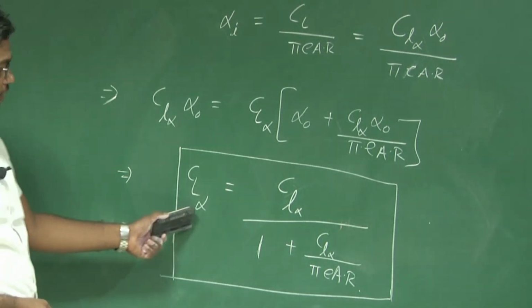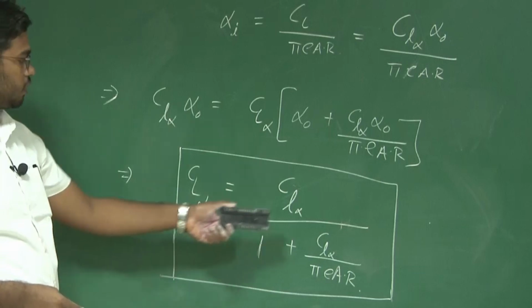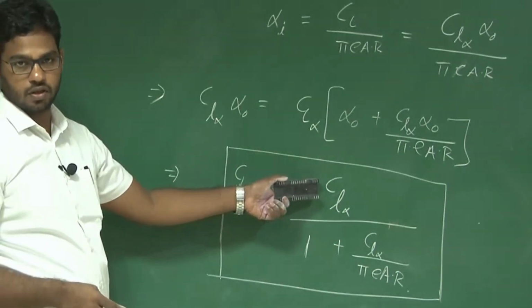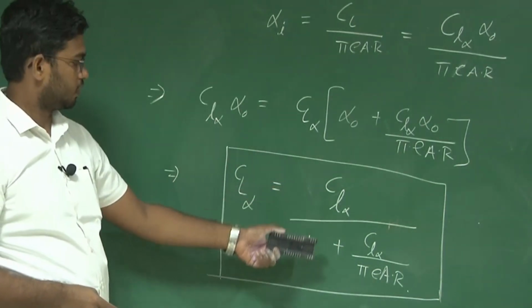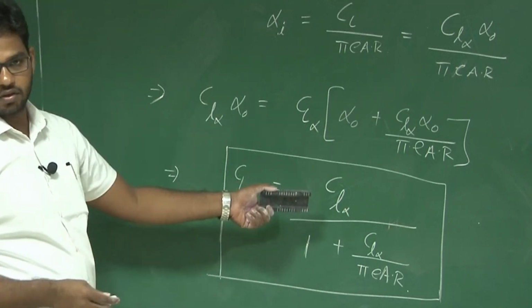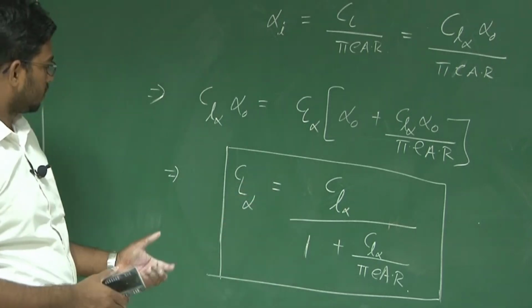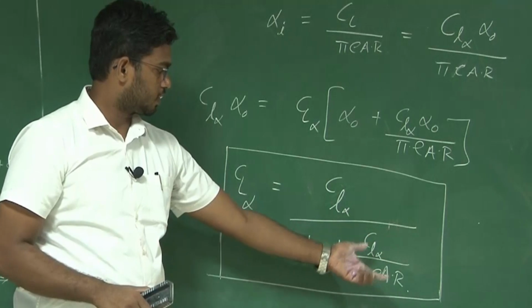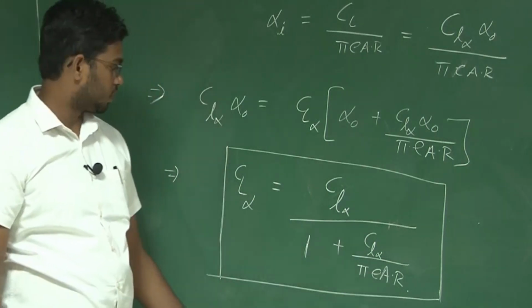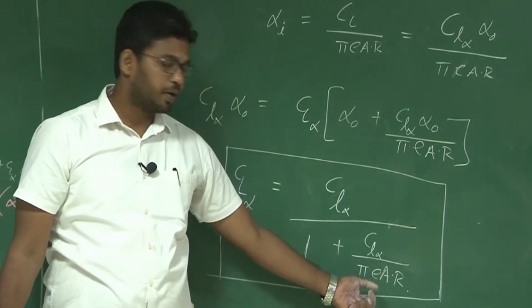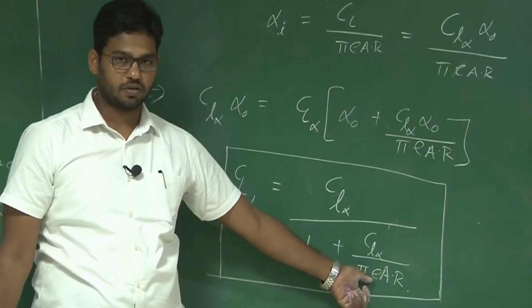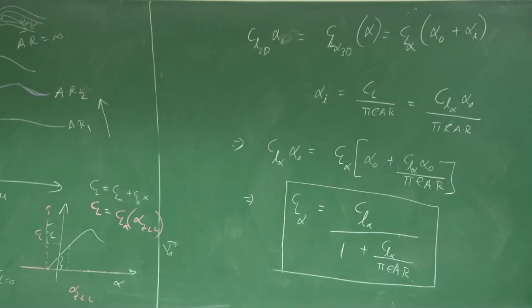So the 3D wing CL alpha, which is made out of the aerofoils with CL alpha 2D, is related by this equation. If I have an elliptic wing, then E becomes 1. So this is clear, right?